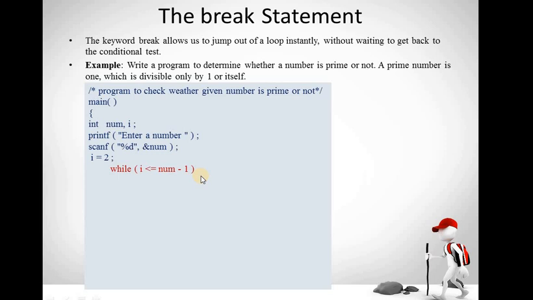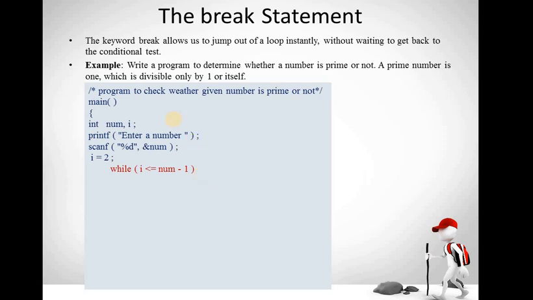Now as I told you, a prime number is one which is divisible by 1 or itself. That means I can check whether this particular number is prime or not by dividing it with the rest of the numbers, that is 2 to num minus 1.